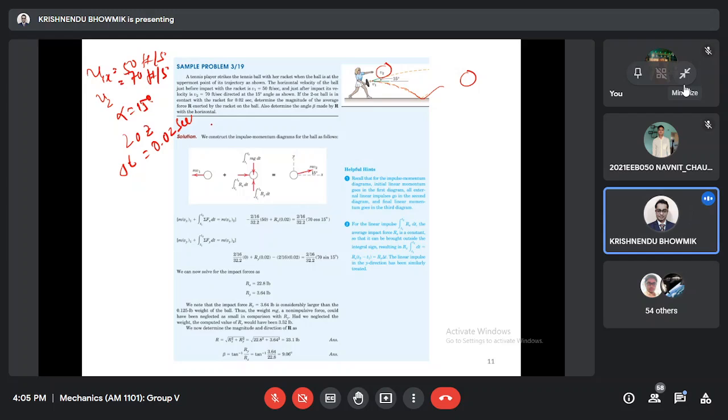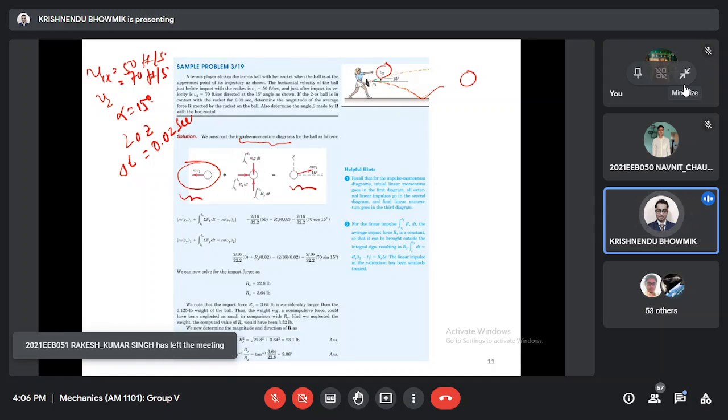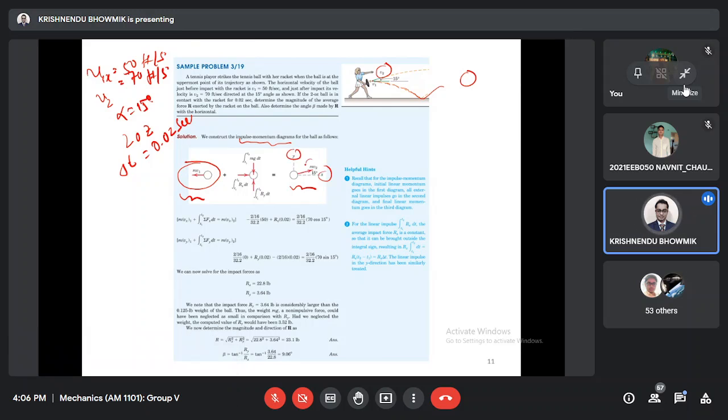Okay, with the horizontal. So let's have the impulse momentum diagram. Initially mv1 is horizontal, plus some impulse. Then the second momentum, this is the x-axis, this is the y-axis, it is mv2, making an angle of 15 degrees.